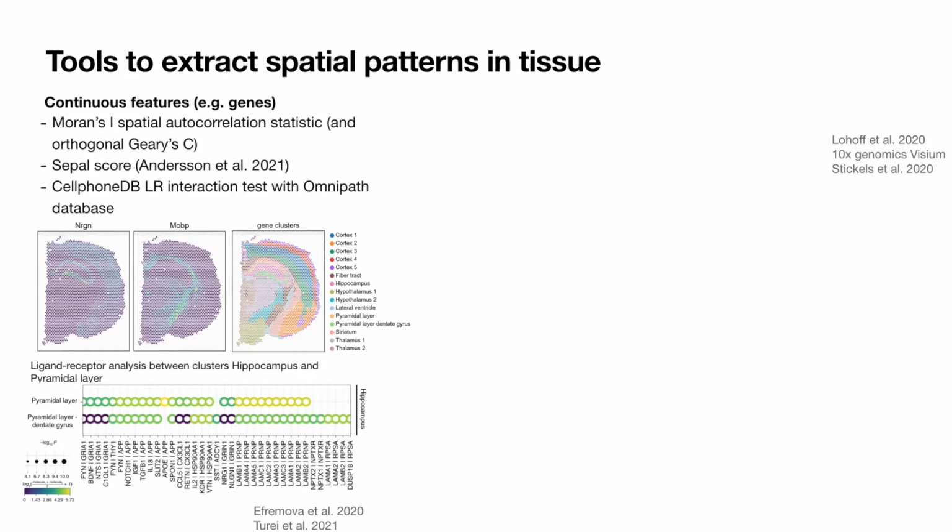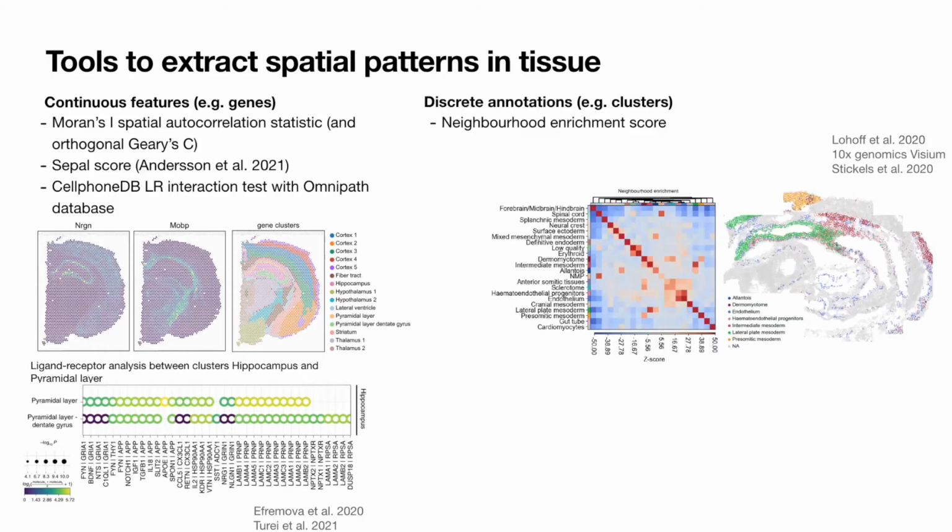Yeah. On the other hand, if you don't want to look at genes but just at clusters, you could look at the spatial distribution of clusters in the tissue. So we provide permutation-based neighborhood enrichment scores that essentially tell you which clusters are more likely to be close to each other than would be provided by random chance.